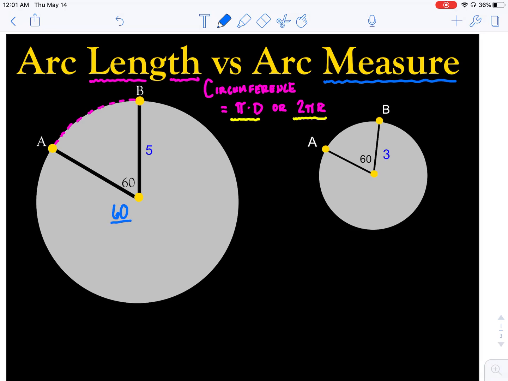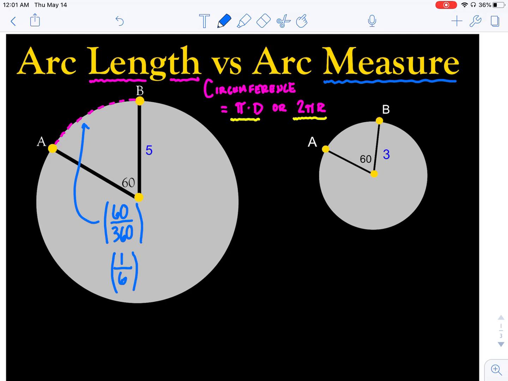So there's 360 degrees total in a circle, and so 60 divided by 360 is going to give us that fraction of the circle. So that will be what portion of the circle we need to calculate for this particular arc. So that is 60/360ths, which, if you reduce that, is 1/6 of the circle.